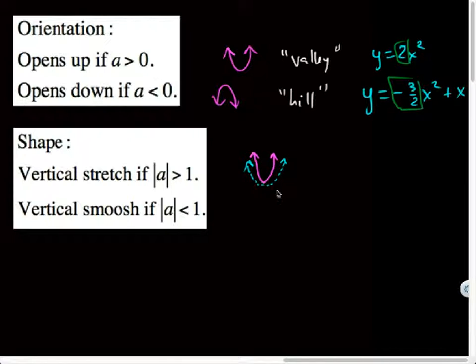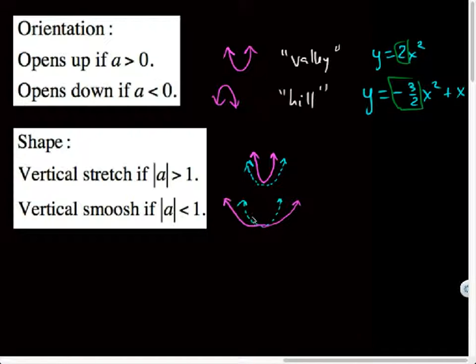Imagine I took a parabola and stretched it like a piece of gum vertically. It's getting skinnier. Whereas a vertical smoosh is that same piece of gum, here's where it would have been originally, and if I'm smooshing it down, it's now going to be getting wider.